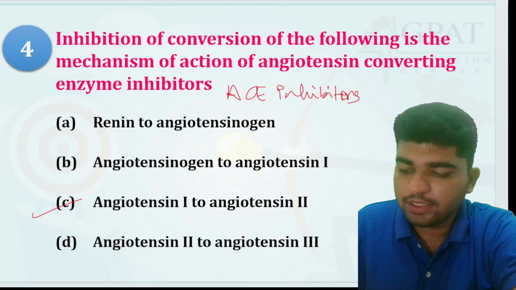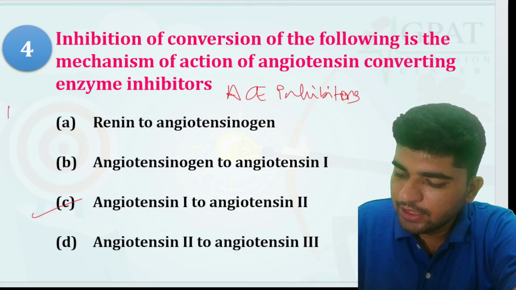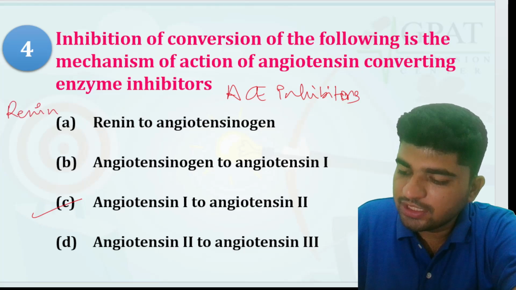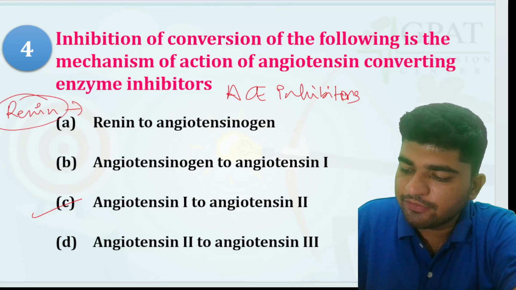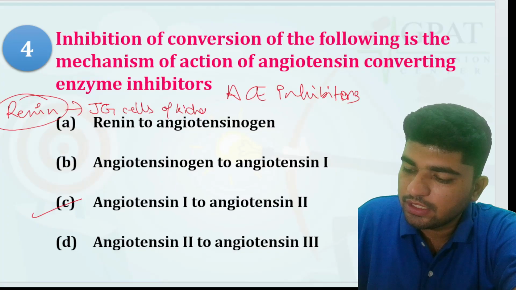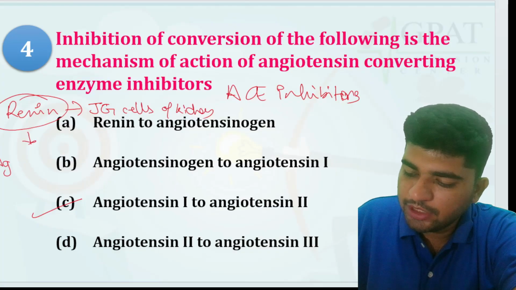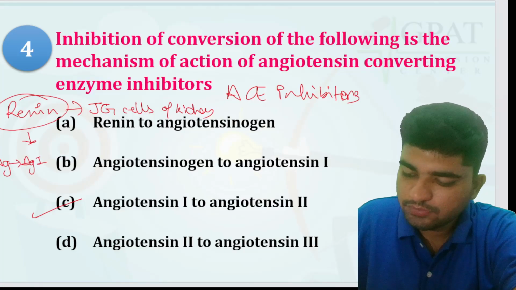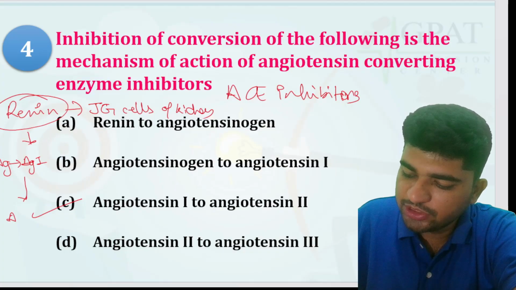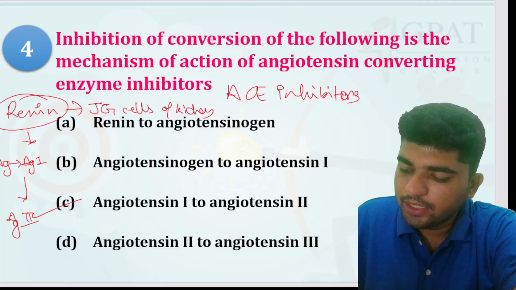How does it go? Renin is released from the juxtaglomerular cells, JG cells of the kidney. This renin is responsible for the conversion of angiotensinogen to angiotensin 1. Now this AG1 gets converted into AG2.